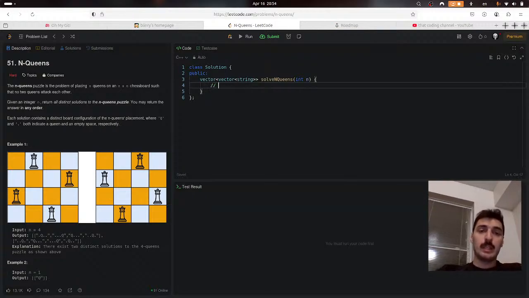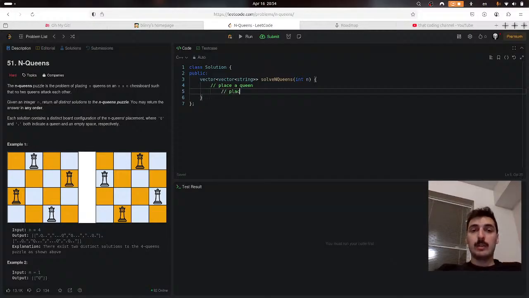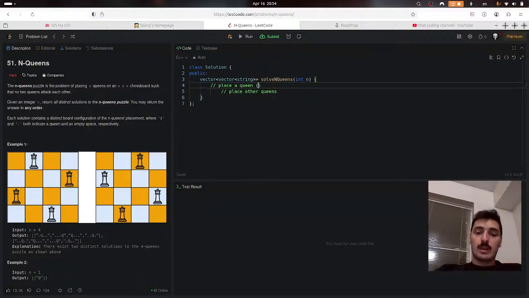We have to place a queen somewhere and then iteratively place other queens. This will be n, and then we'll have to place n minus 1 queens. This is the basic idea.